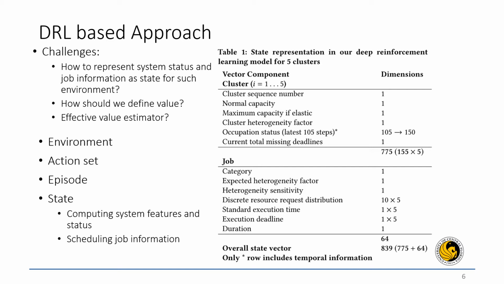We also have a discrete resource request distribution that tells the possibility of a streaming job requiring a certain number of executors in one of its repetitive executions, possibly due to data amount fluctuation. You may refer to our paper for more explanations about the definition of the state in our problem.